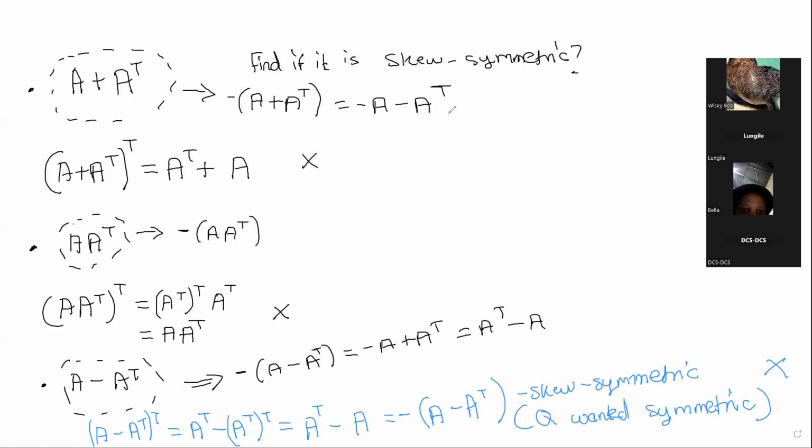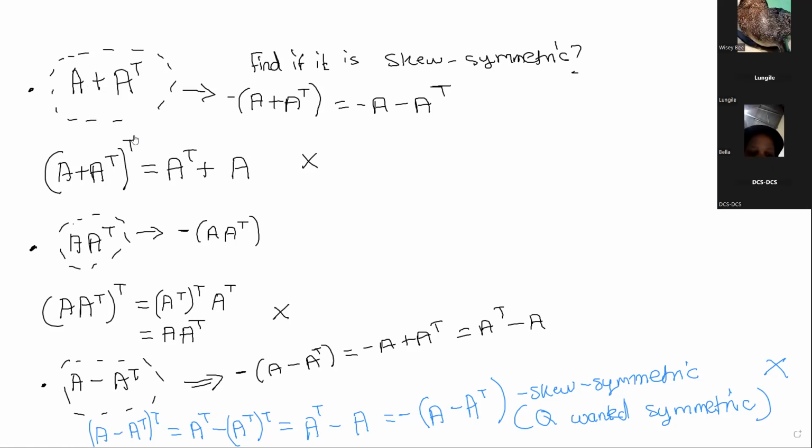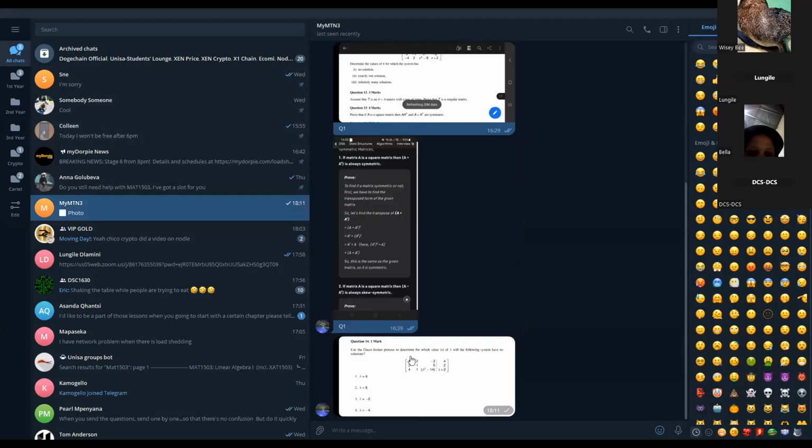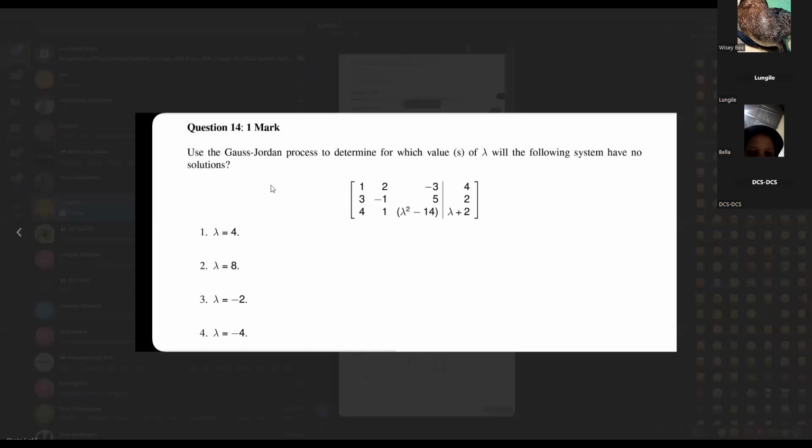I'm not sure if we did this one, but let me send it to my Telegram so that you can see it. Oh, where are we? There it is. This one.